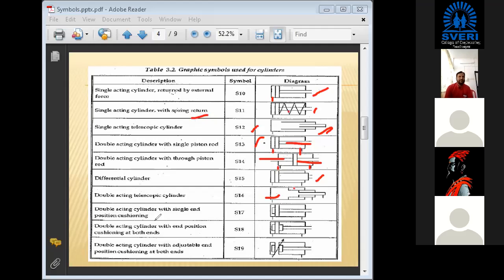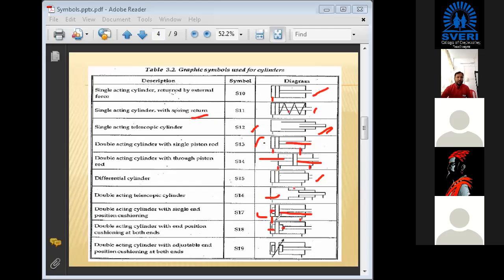Double acting means 2 lines, and single end means this cushioning. Then a double acting cylinder with end position cushioning at both ends.